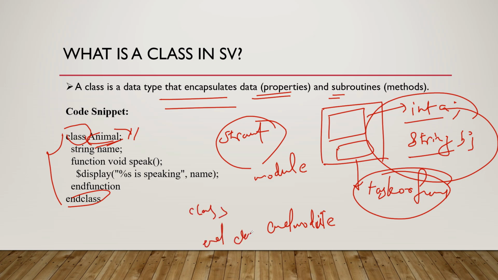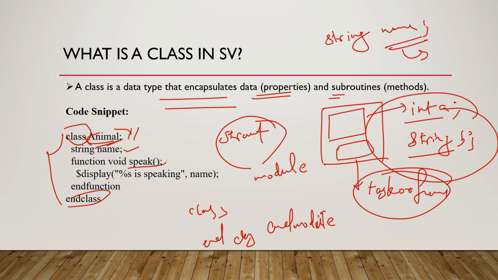Inside the class we have considered one property. Keep this in mind: whenever we are declaring a variable, try to use the term property, because the variable, or data, is nothing but the properties inside the class. Suppose here we have declared one string called name. Here name is nothing but a property of the class.